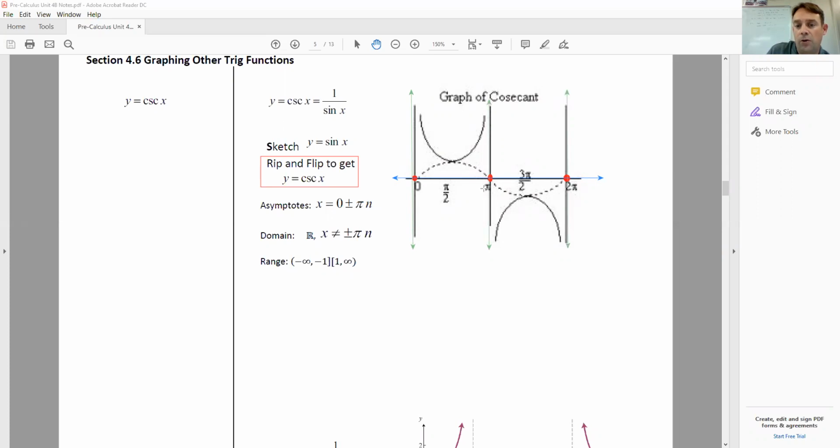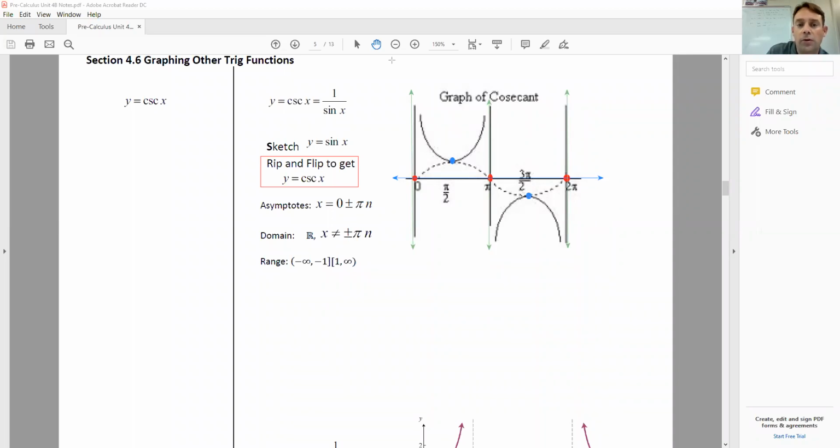And instead of having our sine curve come back to the x-axis or back to the midline, we're going to open it up and make them be essentially parabolas going away from it. Now, realize there's some weird little things that happen with our cosecant graph.